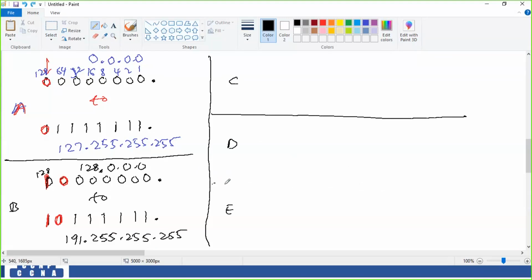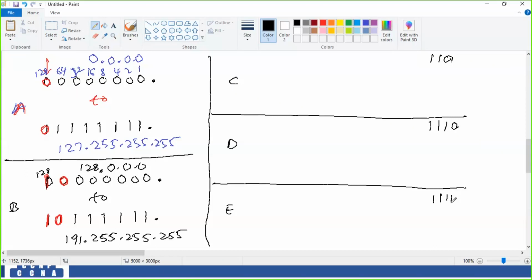Class C is 110, Class D is 1110, and Class E is 1111. Class C is 192 to 223. Perfect.